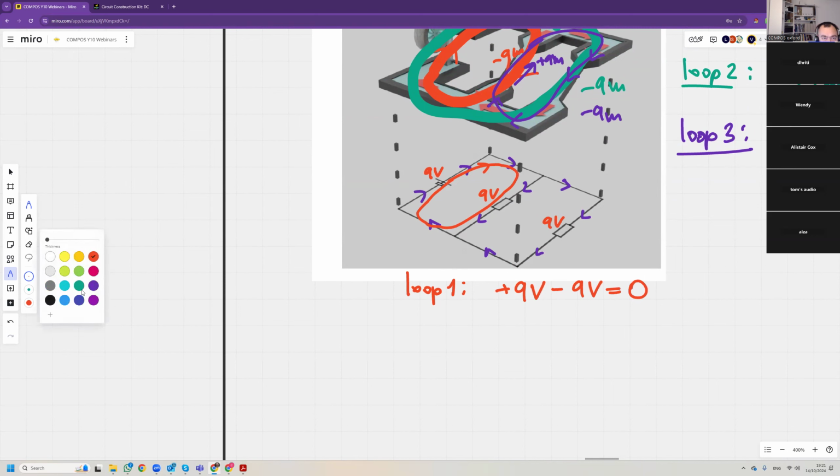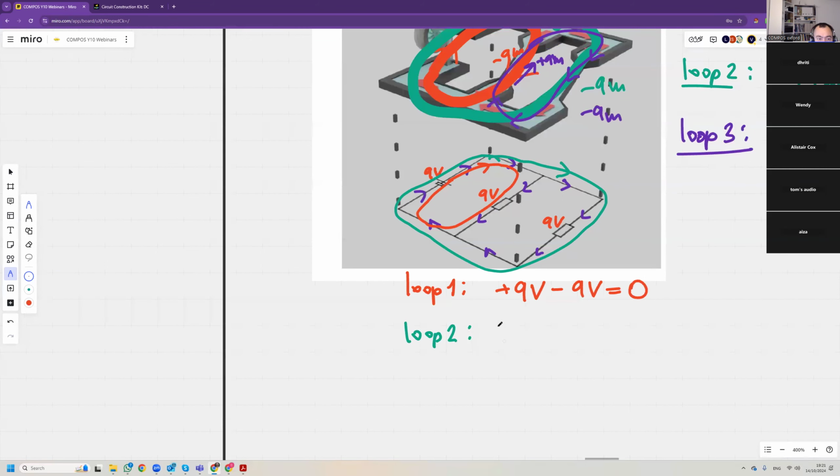If you take the green loop, loop 2, you get plus 9 volts in the battery, minus 9 volts in the resistor, plus 9 volts minus 9 volts is 0.